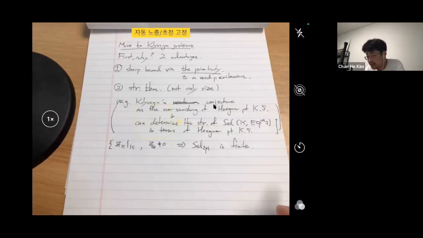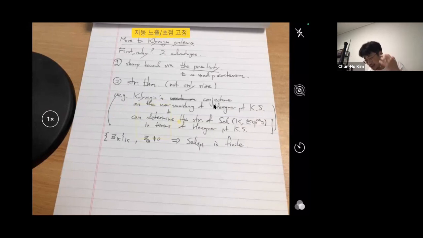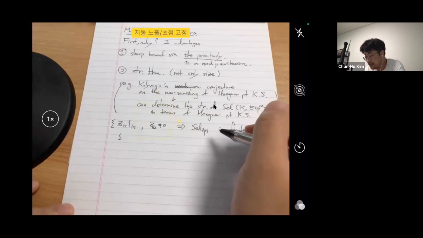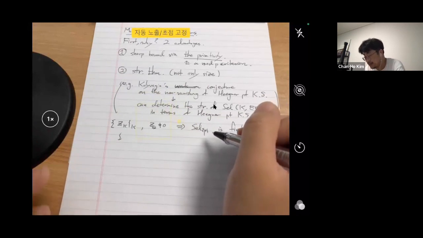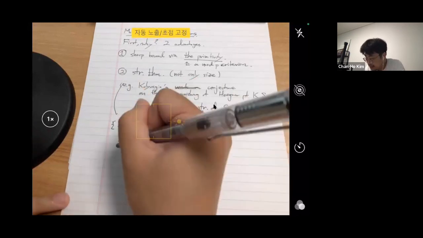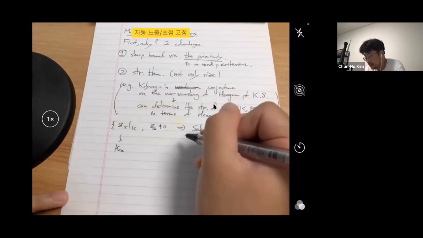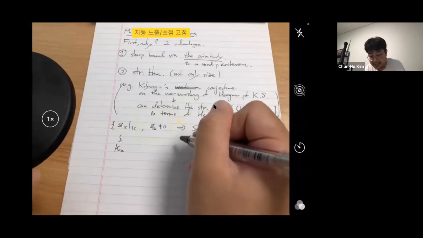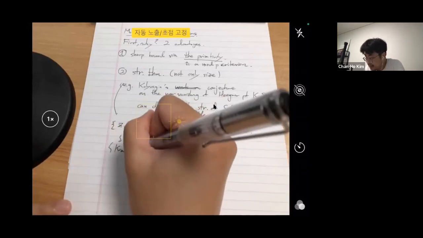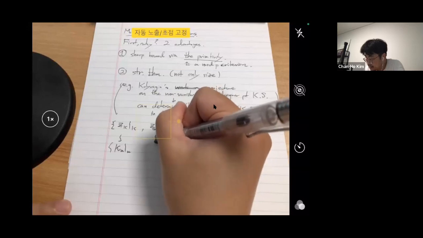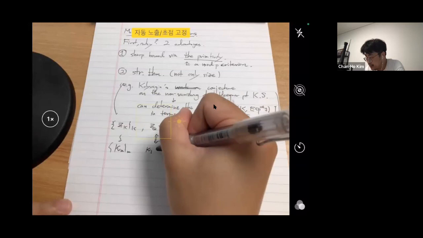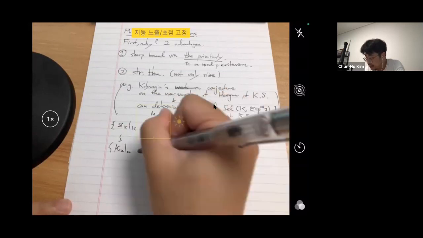But if we change all the ideas to the Kolyvagin system, then, as we've seen in Francesco's lectures, we construct the Kolyvagin system. I usually write kappa_n, where n is a square-free product of Kolyvagin primes in this setting. And this is in fact equivalent to the very first class in the Kolyvagin system being non-zero, indeed they are the same.